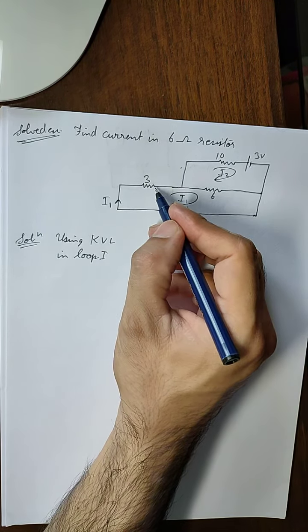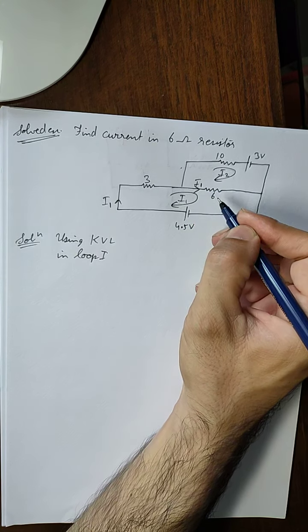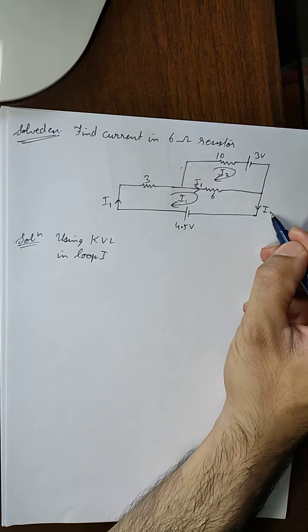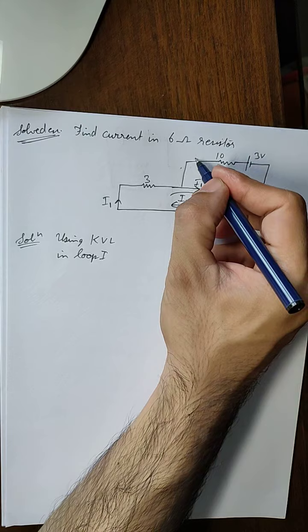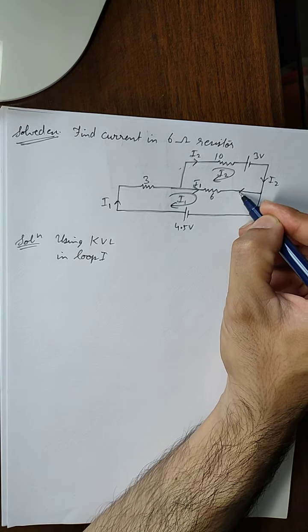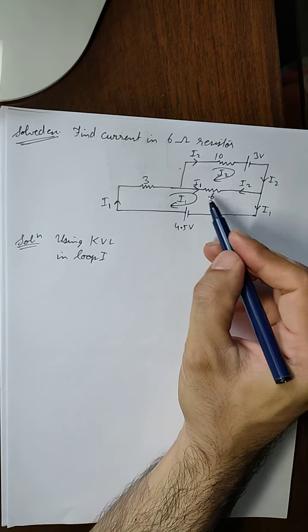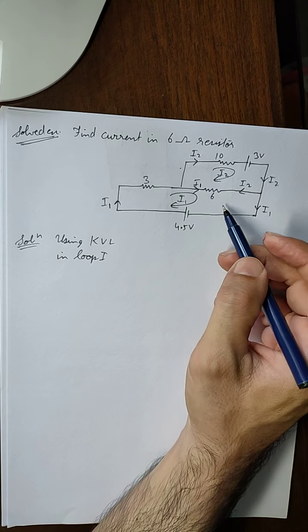This I1 will flow through the 3 ohm resistor, and then here I1, and it will return to this battery. Similarly, I2 is also flowing in clockwise direction. So I2 will be flowing here, and so in this branch I1 and I2 both will flow in directions opposite to each other.